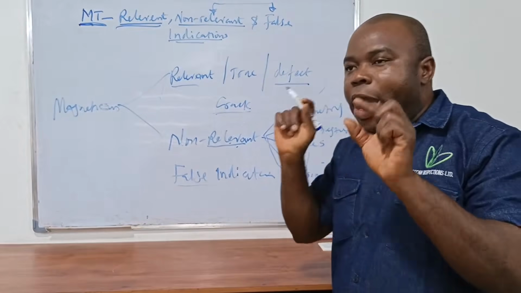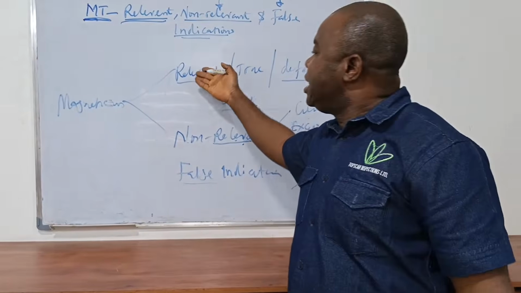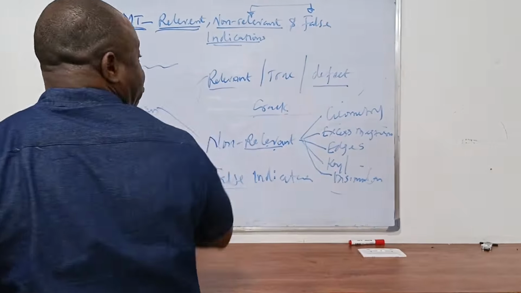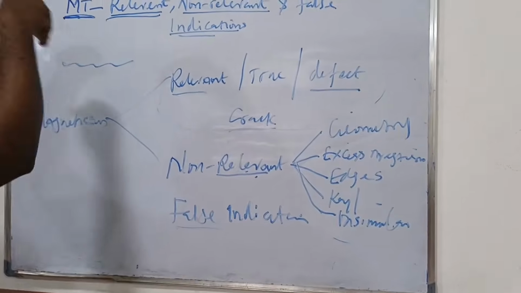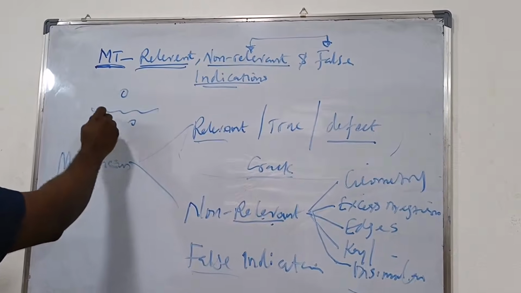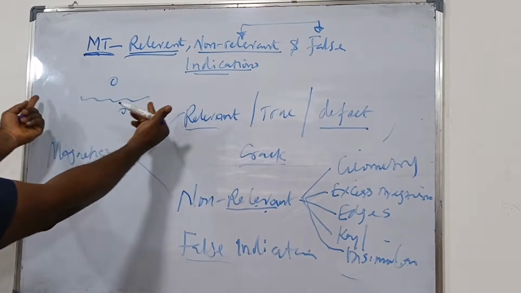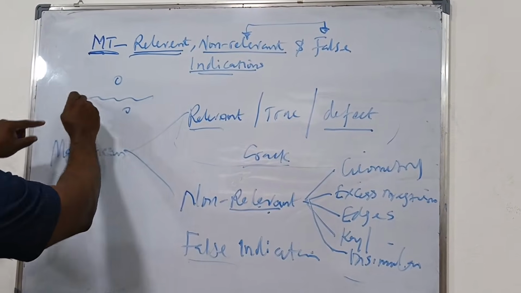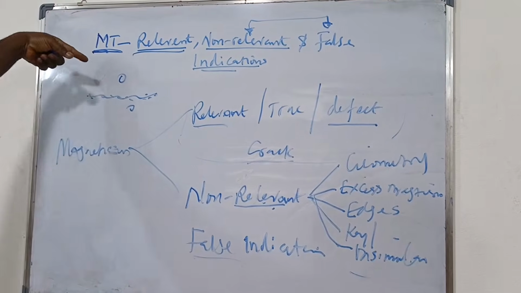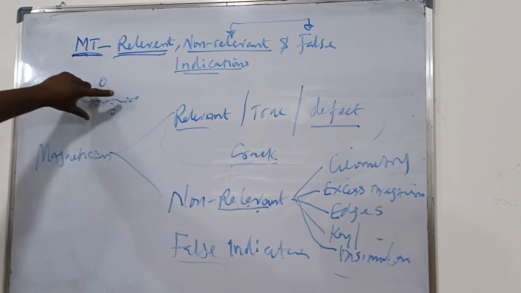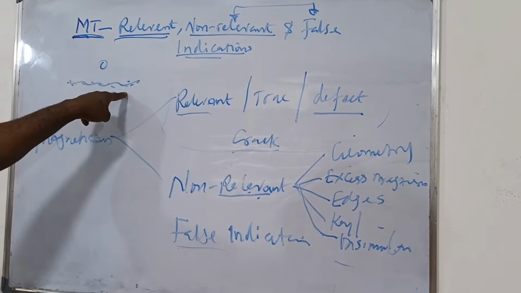They will form points because in your relevant indication, I may have a crack, and because there is a crack, when I put the magnetic particles and I put a magnet, the crack will now make the particles be attracted towards it. So you have particles settled around this crack. So it is the magnetism that is causing these particles to settle in the crack.